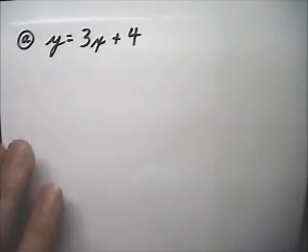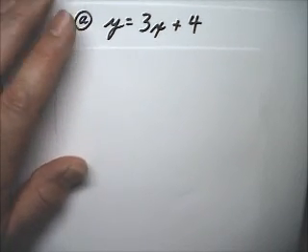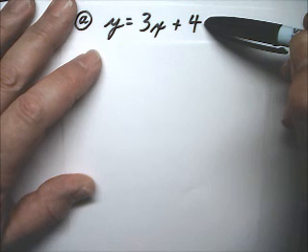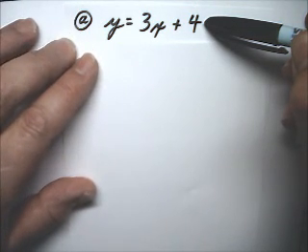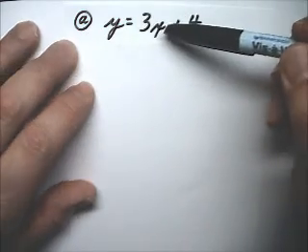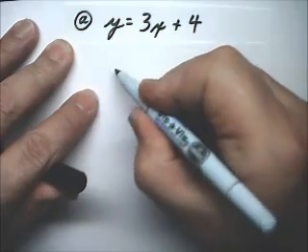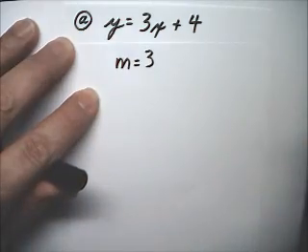So, getting to the question that we have to solve, it has an A part and a B part. This is A, and it says identify the slope and the y-intercept. Well, from slope-intercept form, y equals mx plus b, we have to identify the slope, so that's equal to 3.